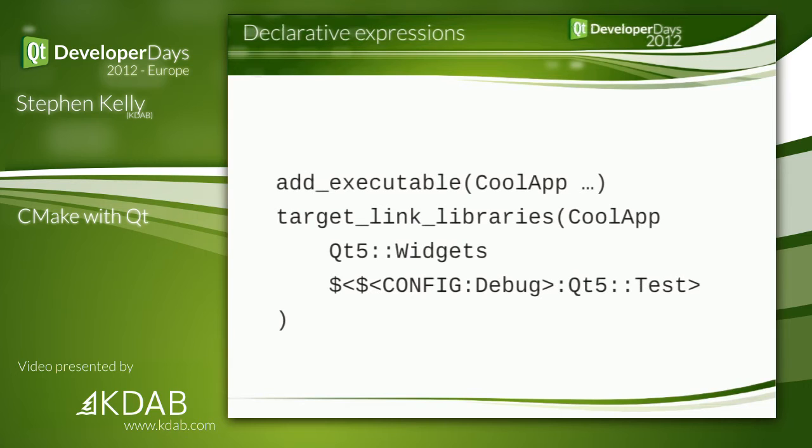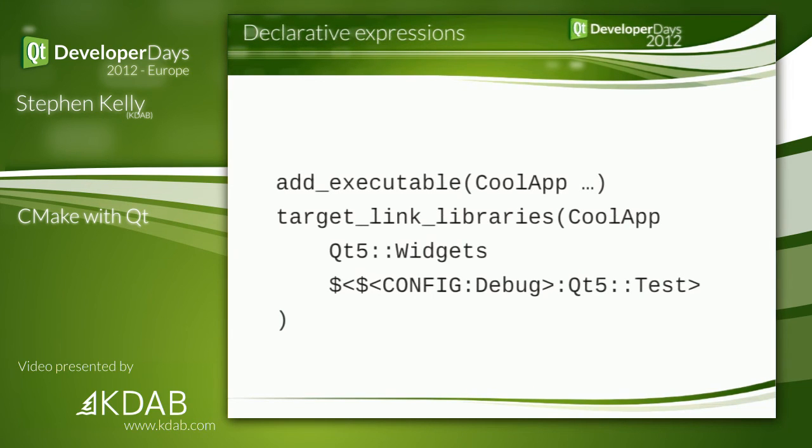So if you build cool app in release mode, it's not going to link against Qt5 test, but if you build it in debug mode, it will link against it, and you can use the QSignalSpy, or you can use the logging facilities that are in that library in cool app.